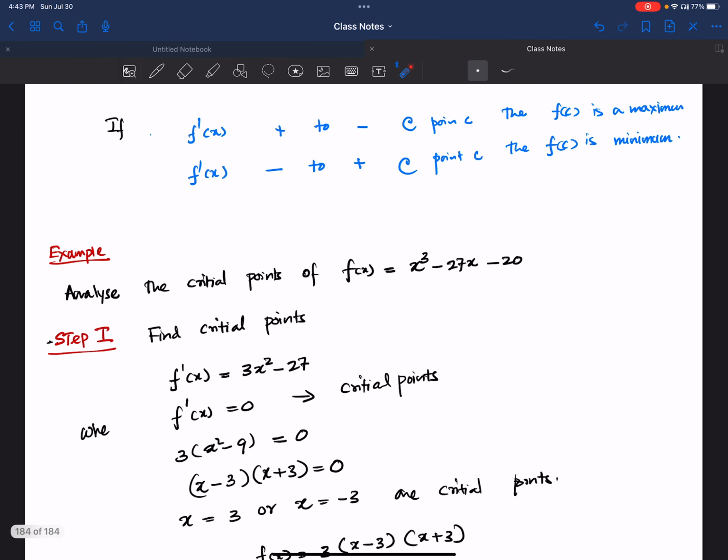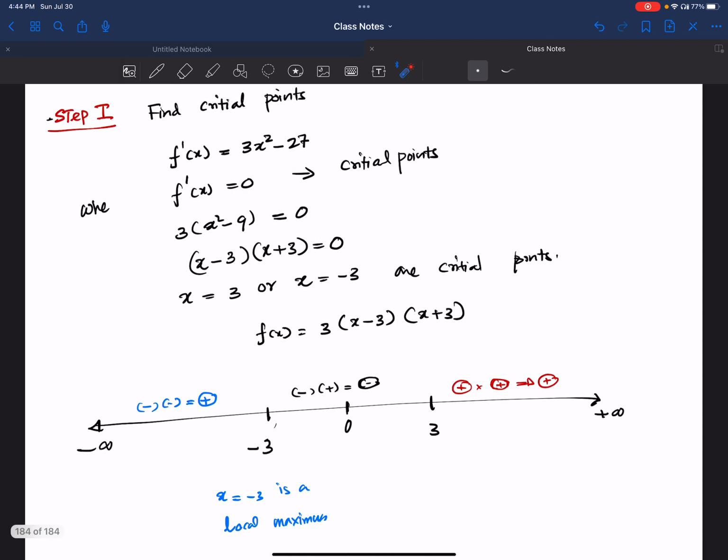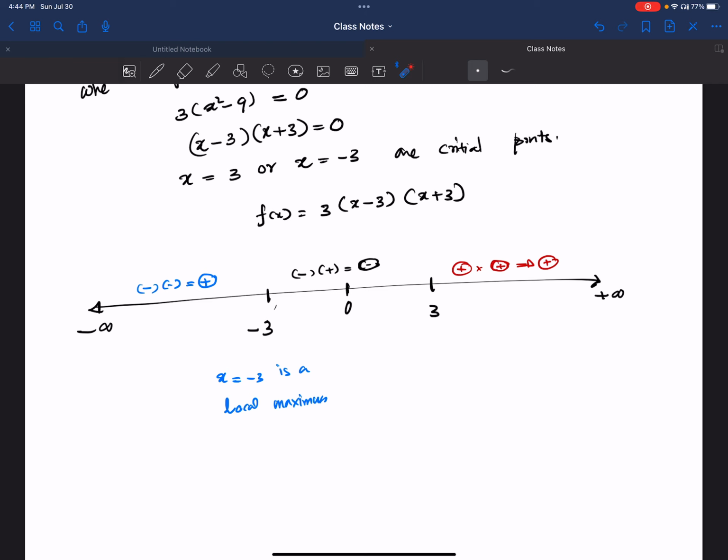So when the value changes from negative to positive, it's a local minimum. So x equal 3 is a local minimum.